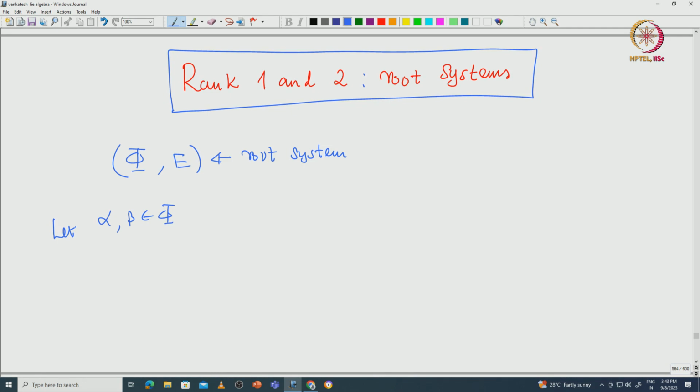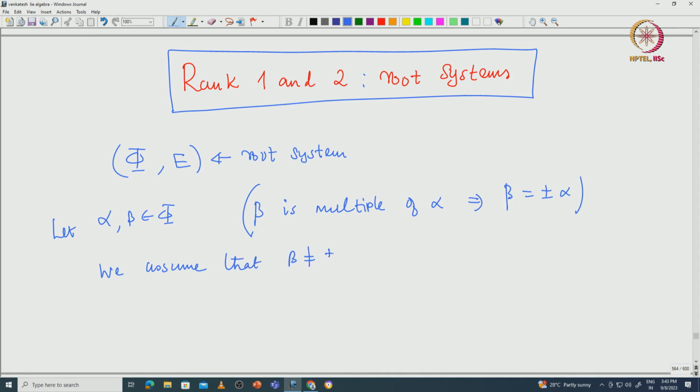Of course, if β is a multiple of α, then we know that β should be either plus or minus α. So, we assume that β is not a multiple of α.